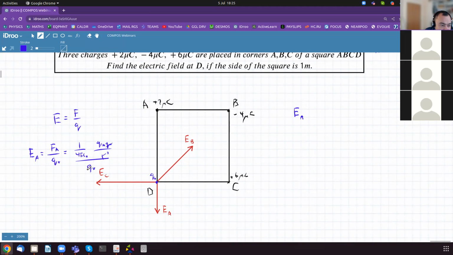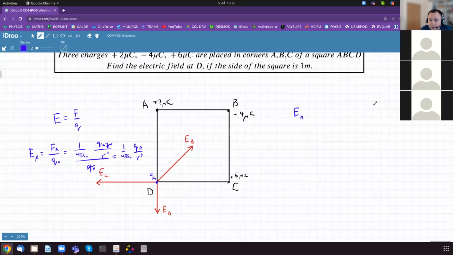So Q naught cancels, and we're left with 1 over 4 pi epsilon naught Q A divided by R squared.